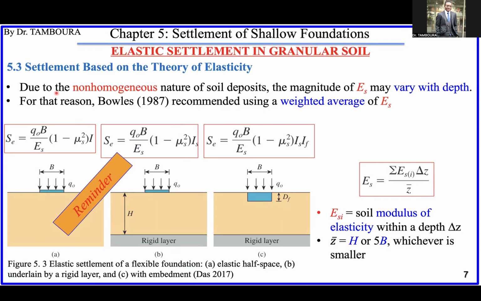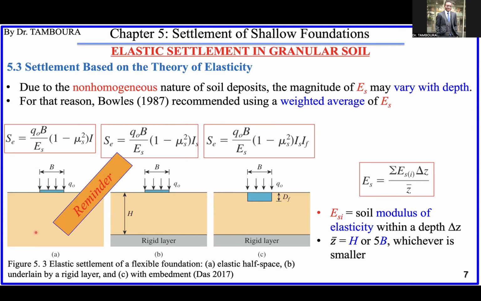So this is a reminder of what we did in the previous lesson. Okay, we saw 3 equations for three possibilities, 3 configurations of foundation. This first case is when the foundation is based on this kind of soil, and the foundation is on the surface.